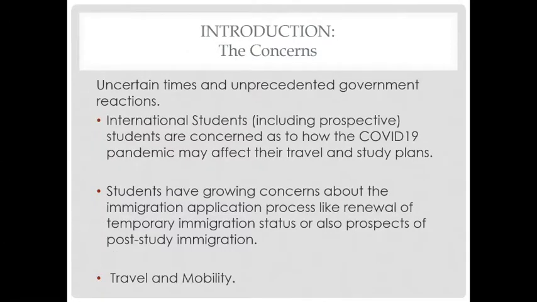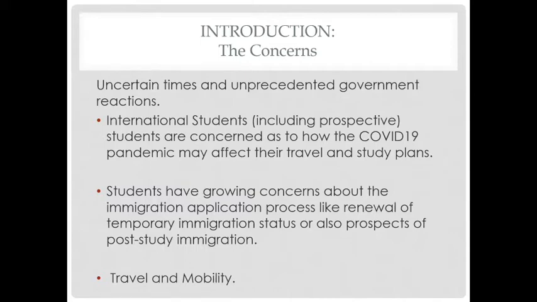As an introduction, we are dealing in very uncertain times, and these uncertain times have caused unprecedented government reactions. Now, international students clearly have concerns that have arisen as a result of the disruption caused by the pandemic. International students are concerned as to how the COVID-19 pandemic may affect their travel and study plans.